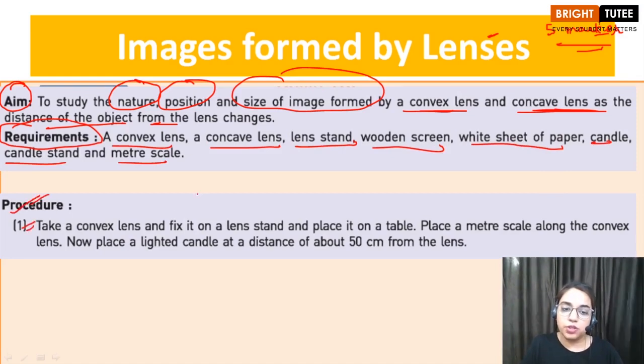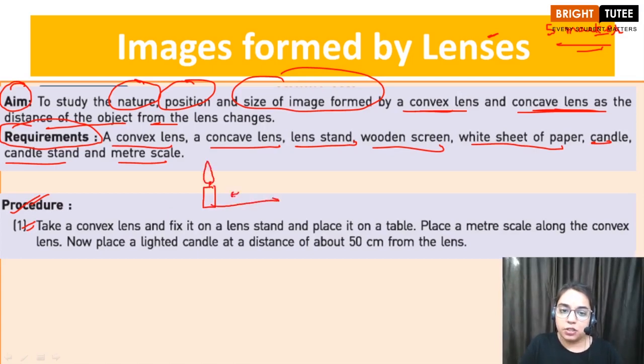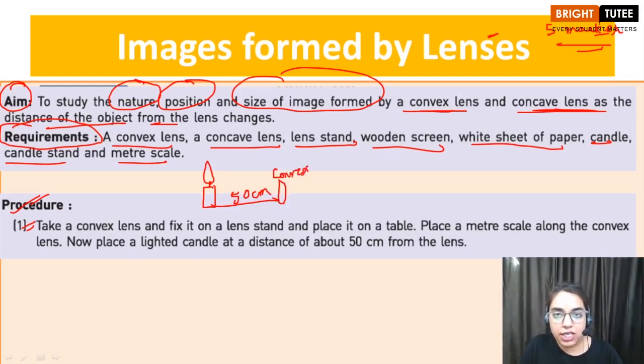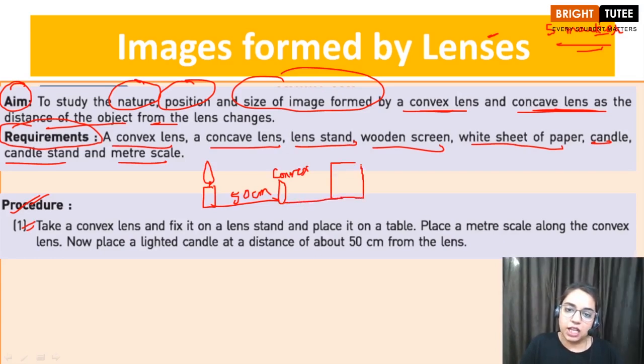What we are going to do, children, is place our source of light, say a candle, over here, and at a distance of 50 centimeters we will place our convex lens first. Later we will replace this convex lens with a concave lens. And here we are going to place a cardboard piece over which we have placed the white chart paper, and this will act like a screen.